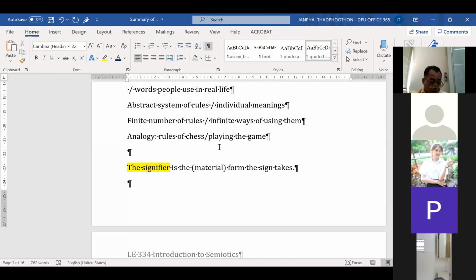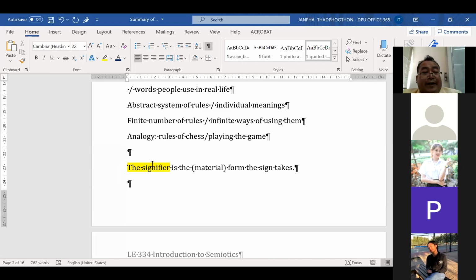And with Saussure, we have the two concepts of signifier and signified. Signifier is the form the sign takes.